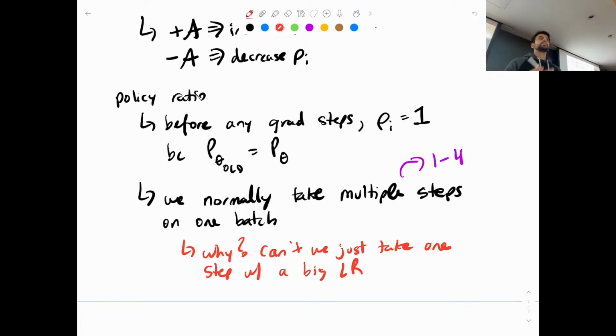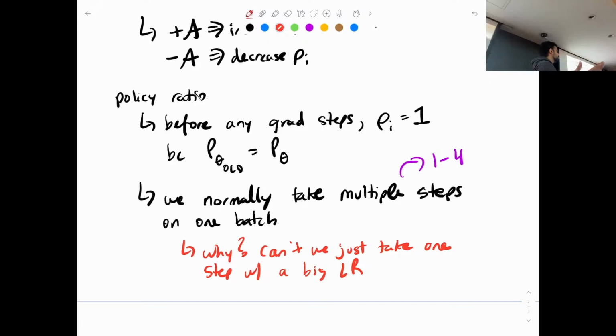So why don't we generally want to do this? You might move too far from the model, so you want to take small steps. Exactly. So if we took one big step or even a normal size step, we are likely to hit a regime where as soon as we update our model, almost all the tokens in the sequence will hit the clipped region the next time we compute the policy ratio, indicating that we might have increased the likelihood of specific tokens in that sequence by like 100% or 200%, right?